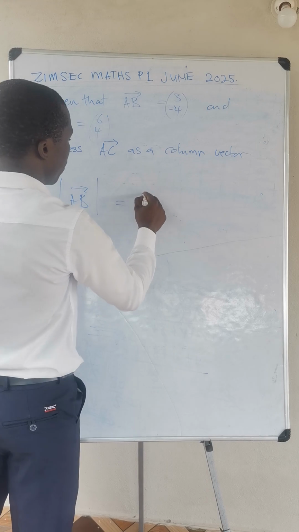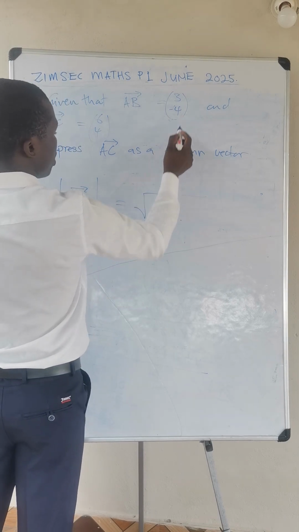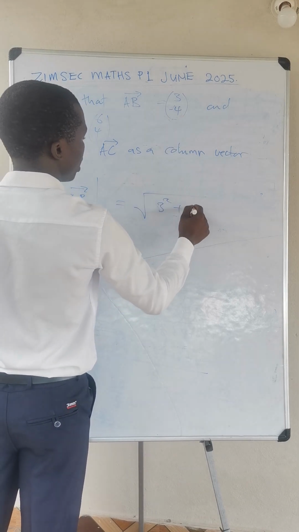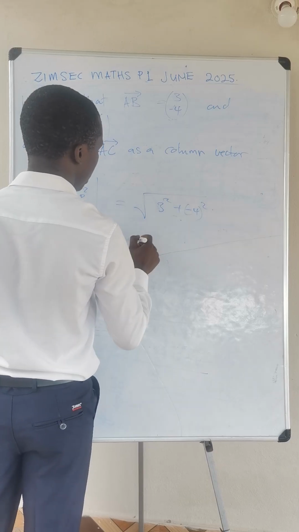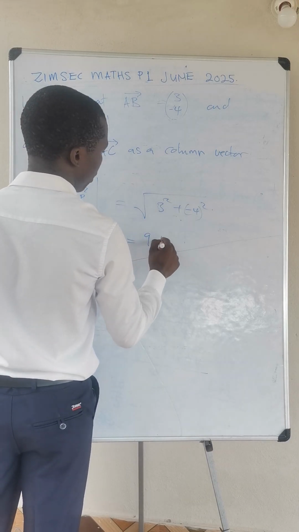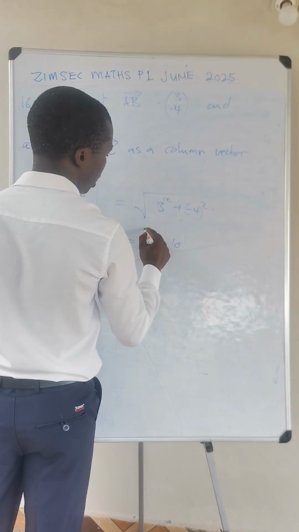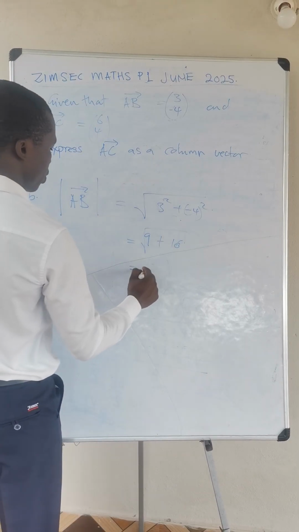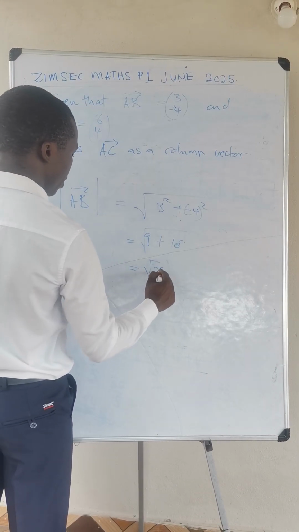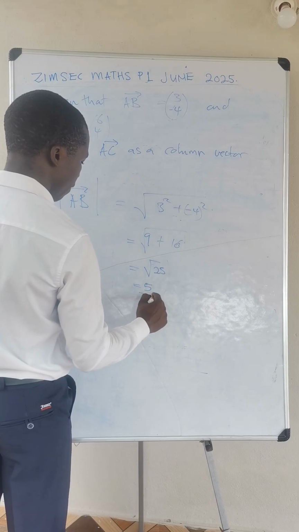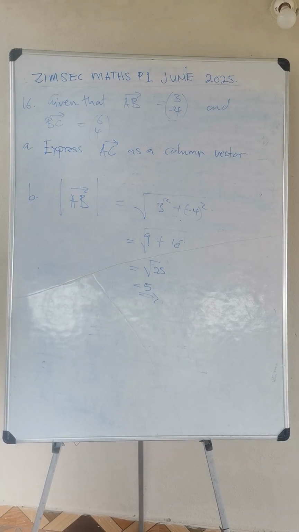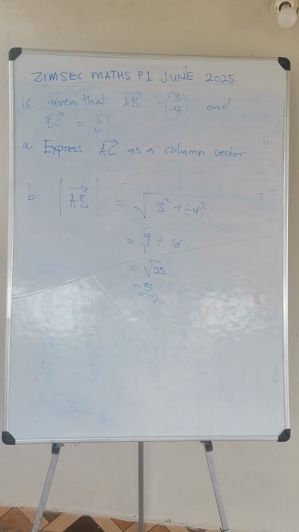So the modulus of vector AB is the square root of 3 squared plus negative 4 squared. It equals the square root of 9 plus 16, so root 25, which equals 5. This is the final answer. Very clear.